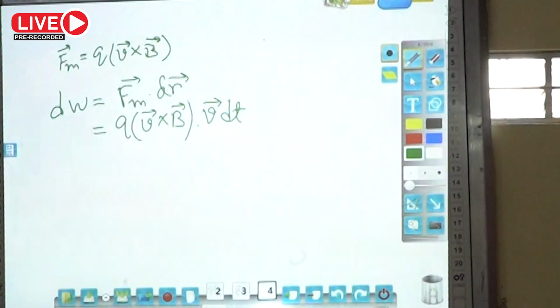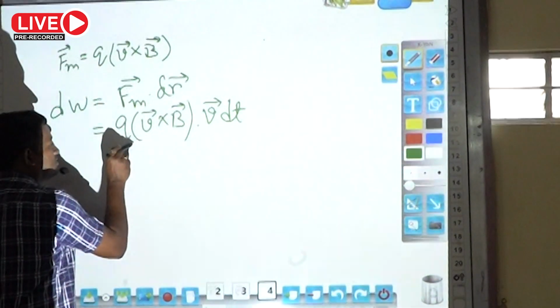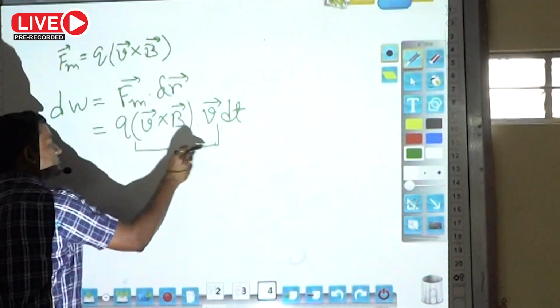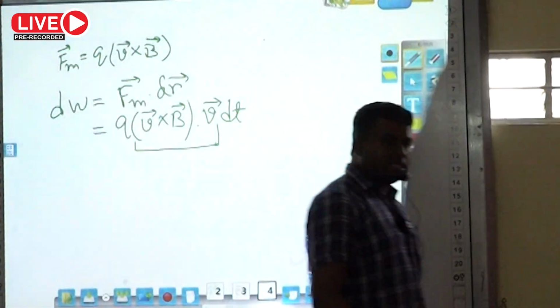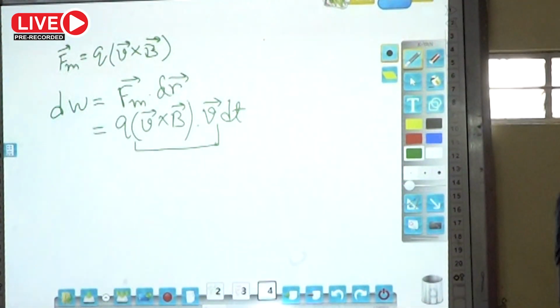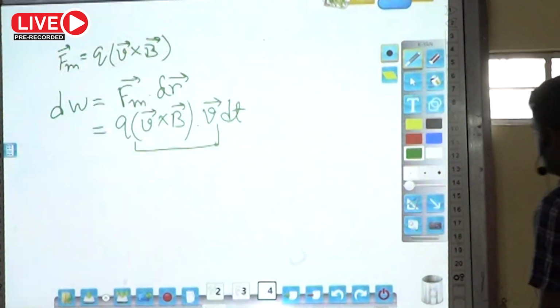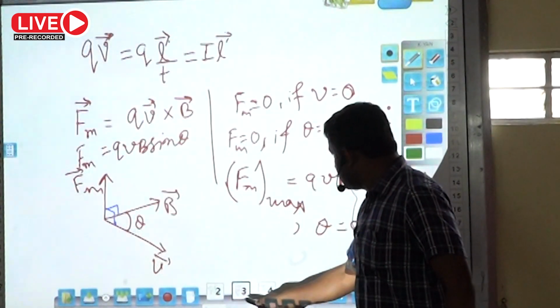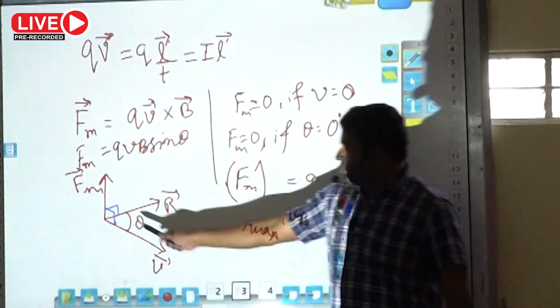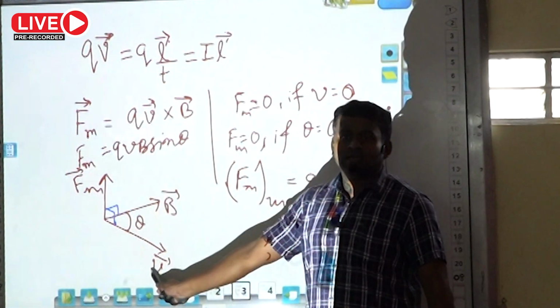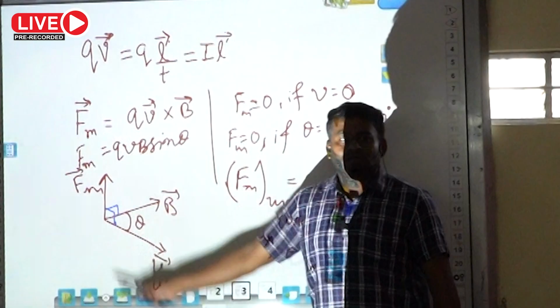Okay. Now, what is the value of this product, V cross B dot V? It is 0. Because V cross B means force, and that force is directed perpendicular to the plane containing V and B. Previously, when we drew this diagram, see, what is the angle between Fm and V? Perpendicular.